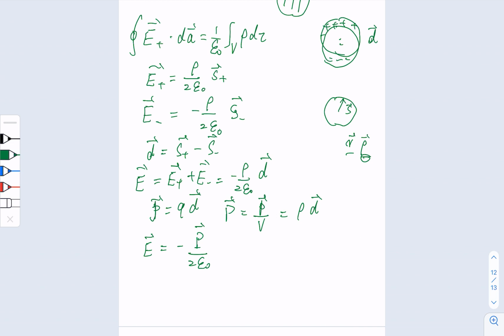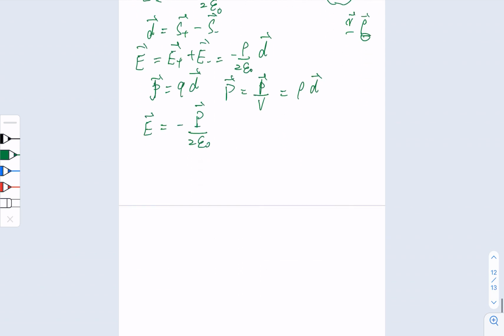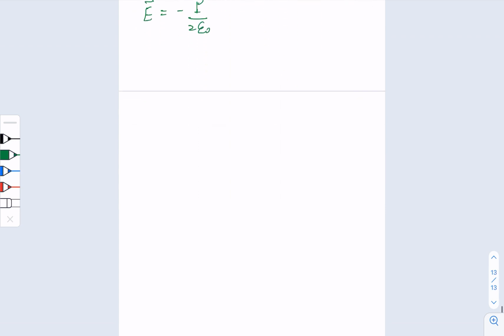So this is slightly different from the case of the sphere. Now this is the field inside, and for the outside field we can also use the Gauss law.